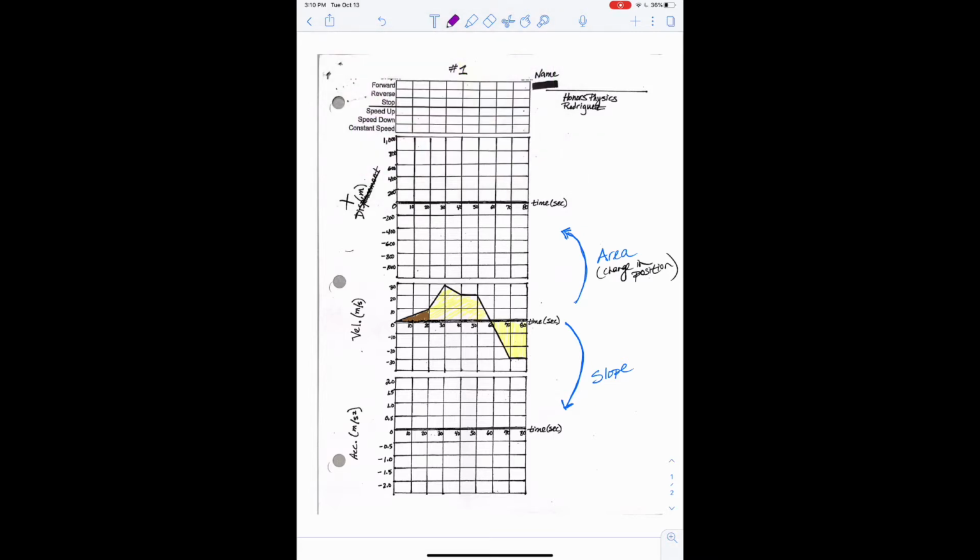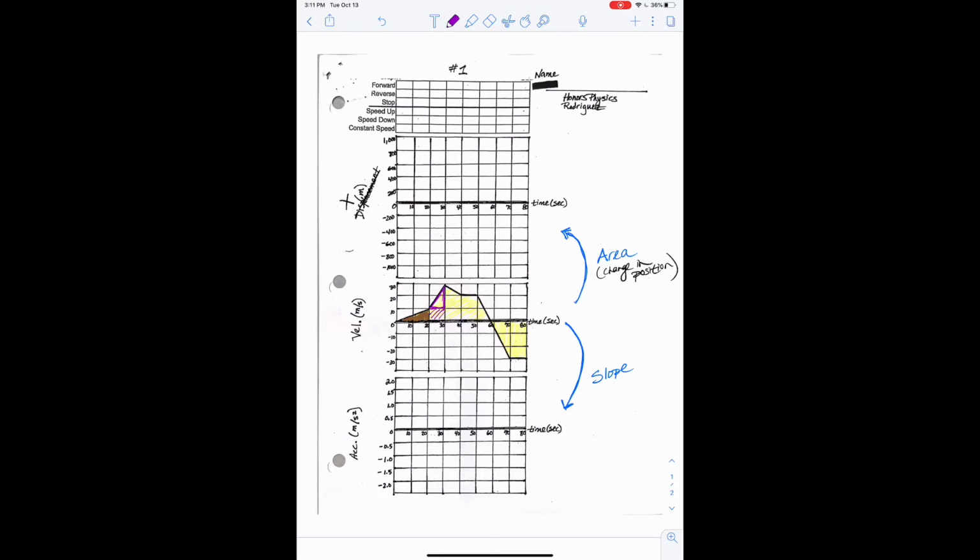Going to the next part, I'm going to go from 20 to 30 seconds and say that, because this is just a lot going on right here, right? I'm going to say that this is a triangle right here that I can take the area of. And this is a square or rectangle right here that I can take the area of.